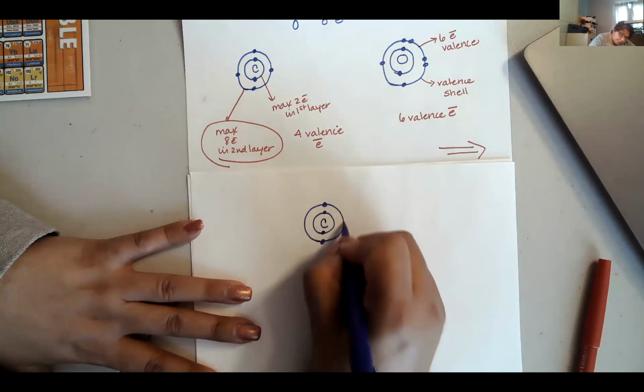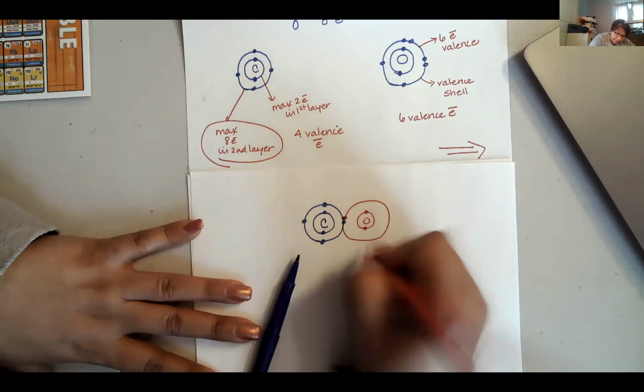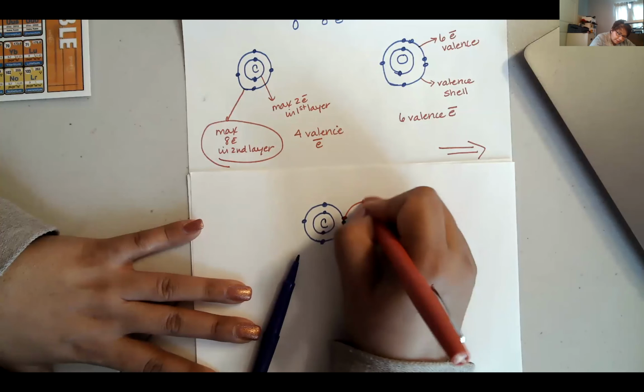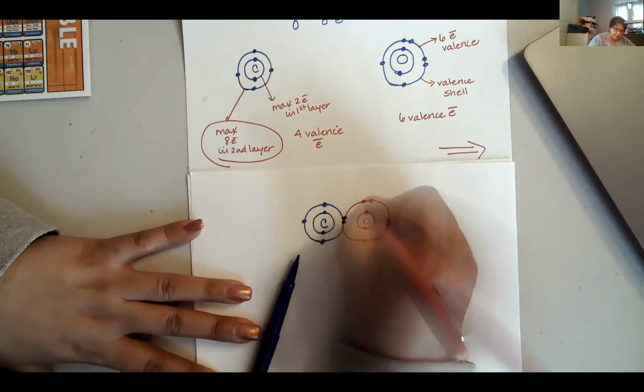Here it is with this 2. There we go. 1, 2, 3, 4, 5, 6. Now I'm going to do the same thing over here. I'm going to draw my big circle first, my smaller circle, then my inner circle, 1, 2.